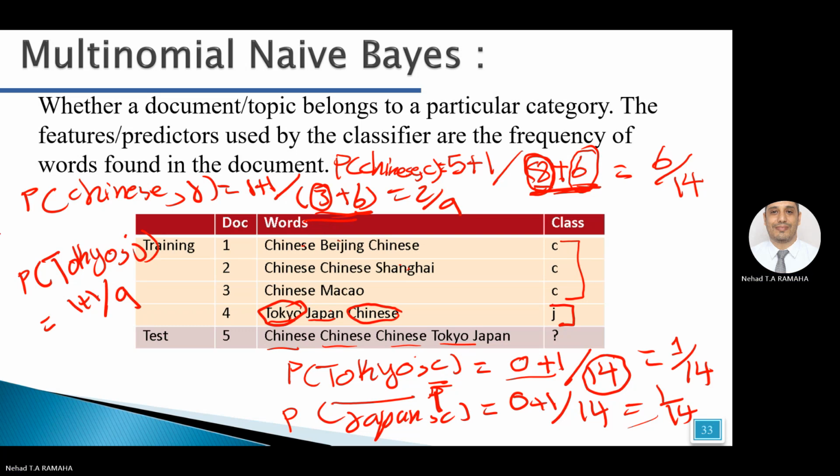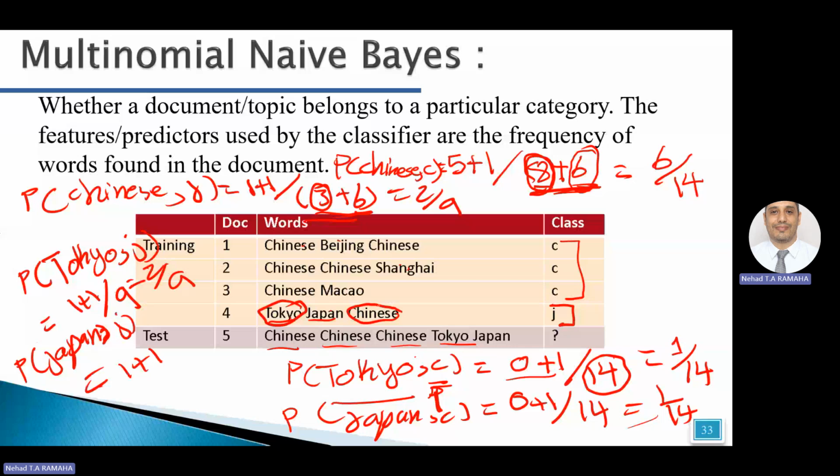Probability of Japan with category J is equal to 1 plus 1. Why 1? We have Japan 1 time, plus 1. Why plus 1? Because we need to avoid multiplication with 0, a probability of 0, divided by 9.